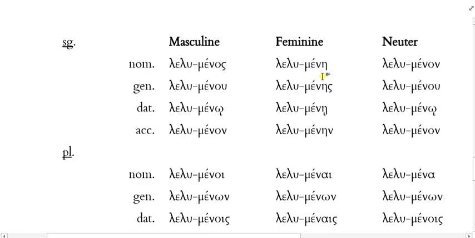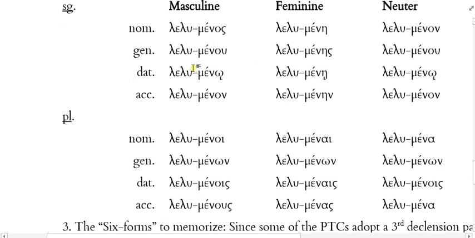So let's take a look at the forms here, and I'll have you read them with me. Repeat after me. Lelumenos, lelumenu, lelumeno, and lelumenon. For the plurals, lelumenoi, lelumenon, lelumenois, and lelumenus.